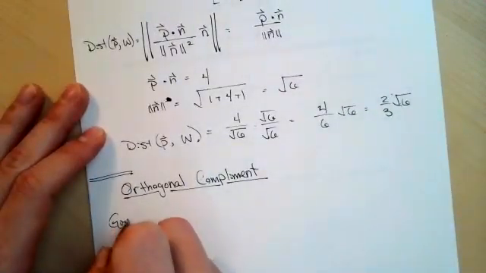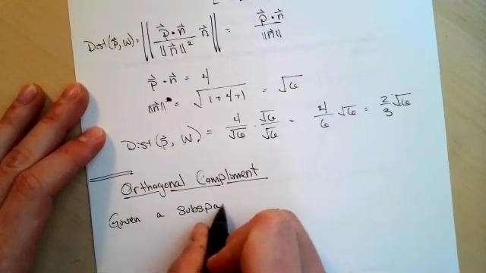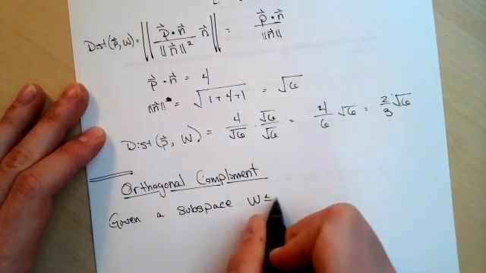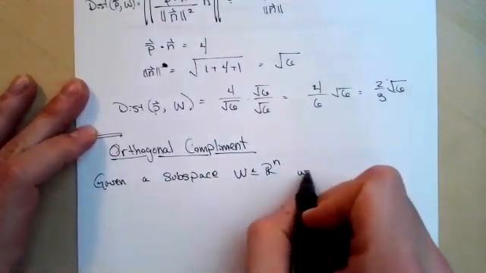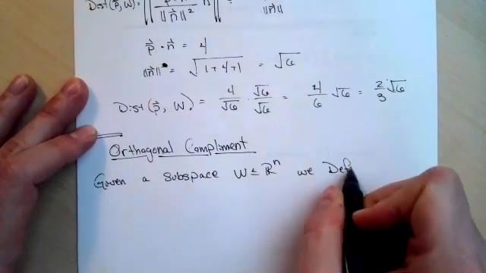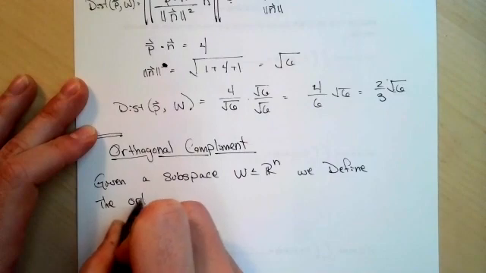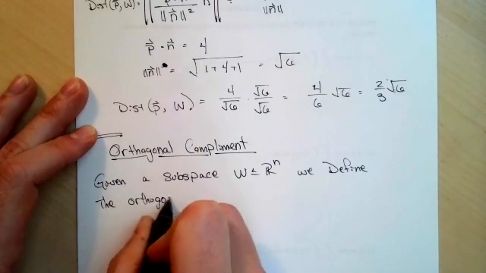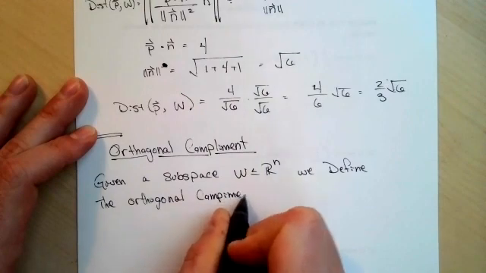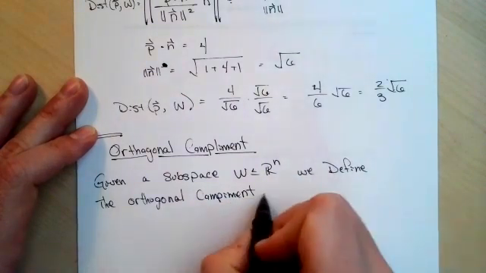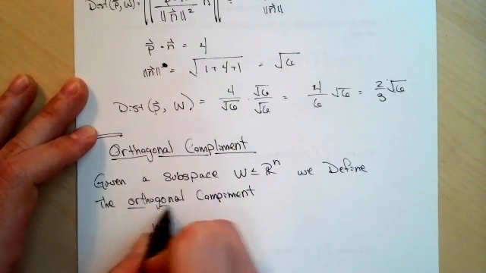So given a subspace, we define the orthogonal complement, written W perp.